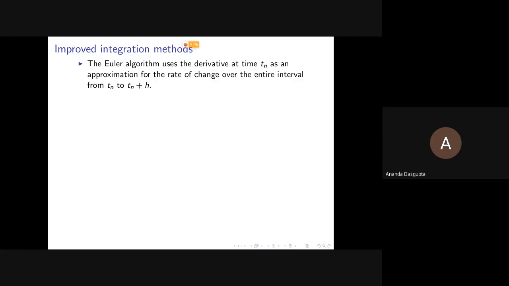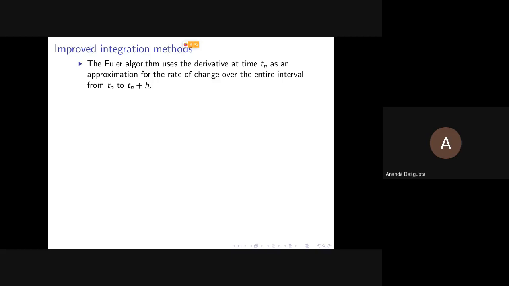I think another one should be sort of obvious. Take the derivative at the middle point of the step. Okay, good. That's another possibility.